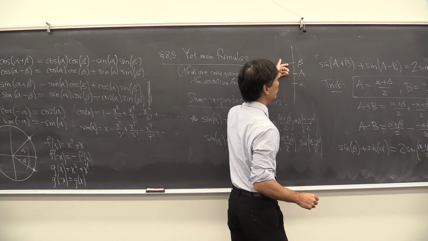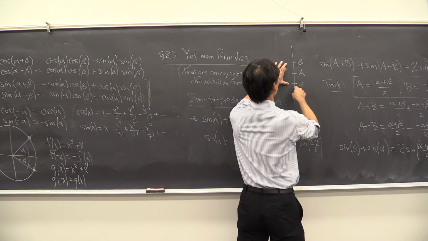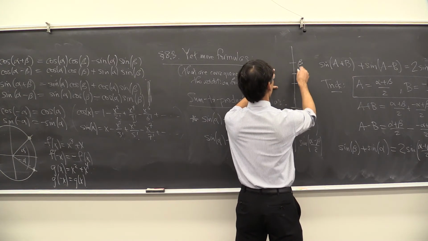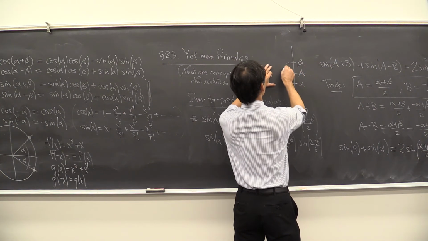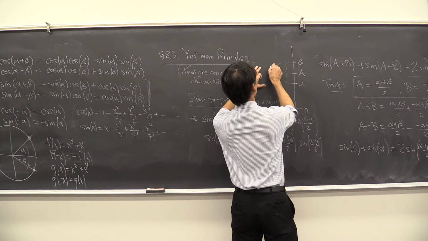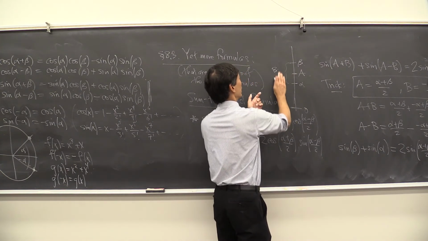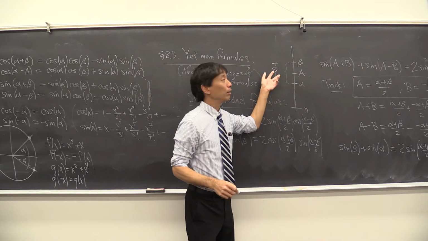You take capital B to be beta minus alpha over 2. So let's say that 0 is down here. Beta minus alpha is this, beta minus alpha over 2 is this here. You take this length to be b, right?